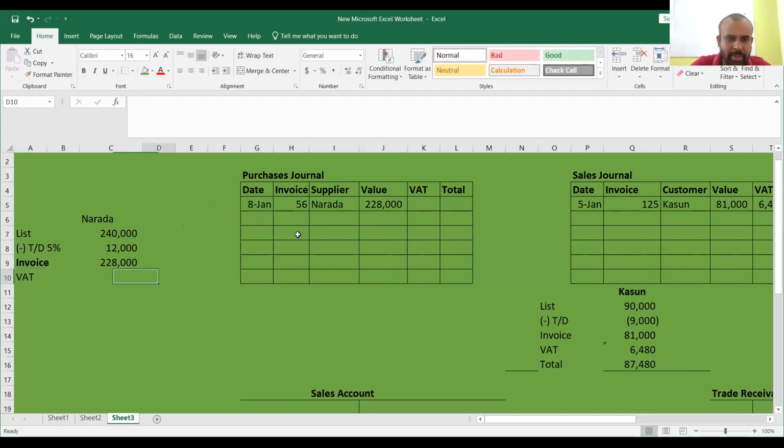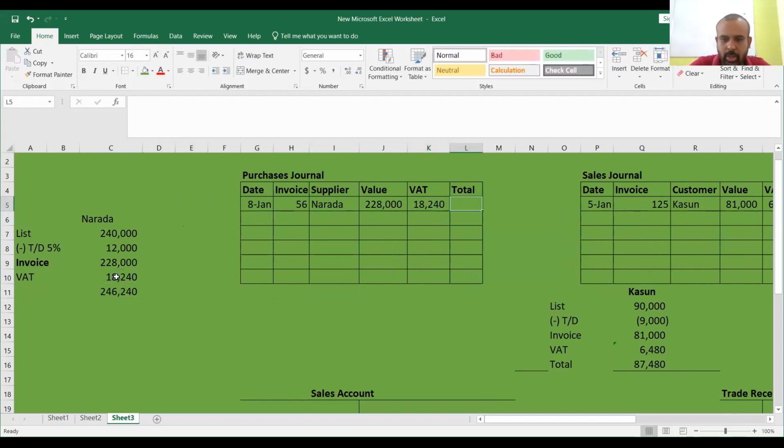We need to pay the VAT of 8% because the question says every sales and purchase is subject to 8% VAT. So 8% of that is 18,240. Together with that, 228,000 plus this it's 264,480. So the value added tax is 18,240, right? The total will be the total of these two, right?